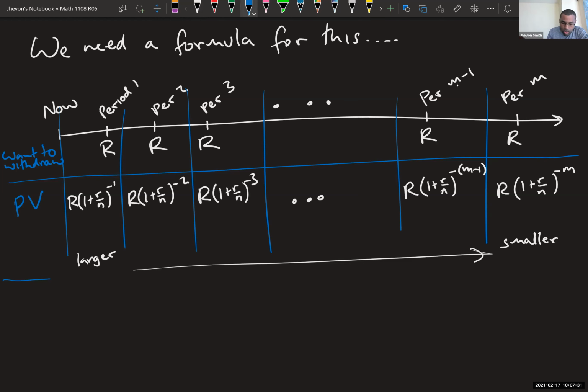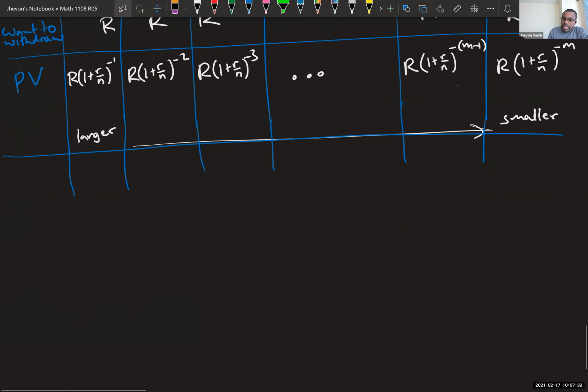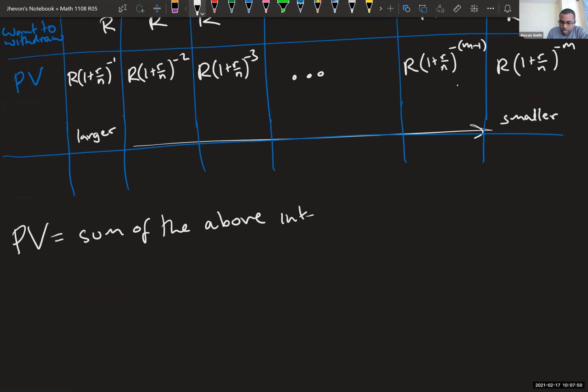So now the question is, so those are all the present values. Okay, so now to get the actual present value, I just sum the present values. Present value equals the sum of the above interim present values.